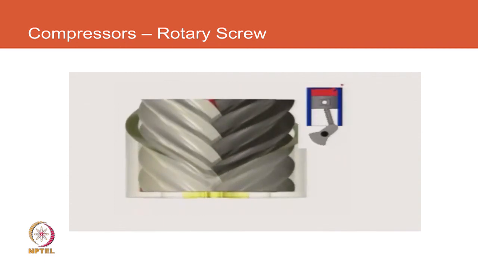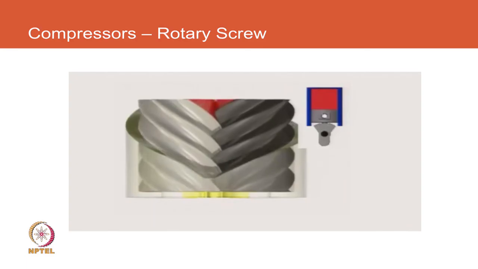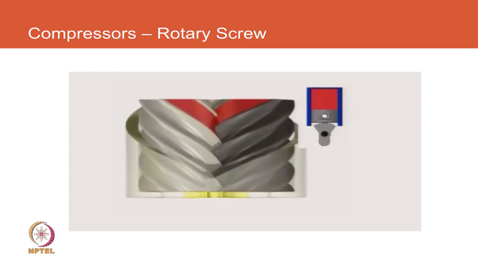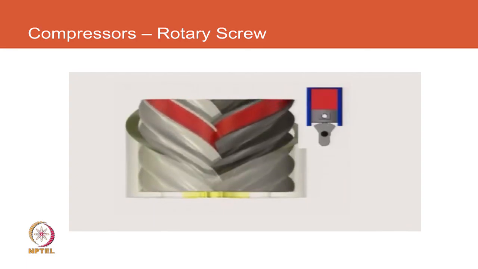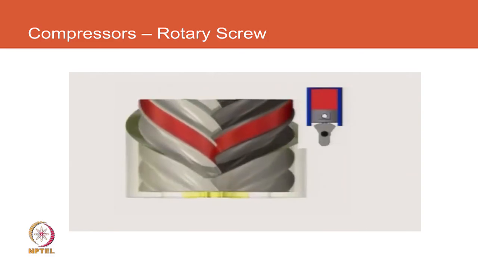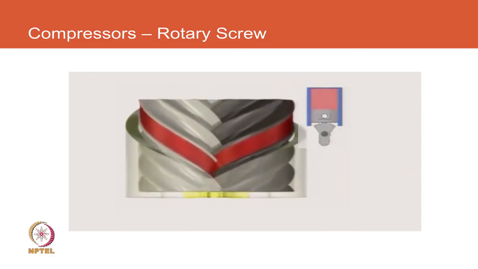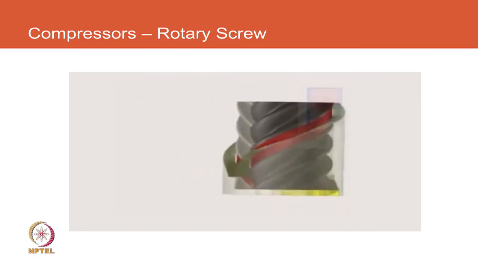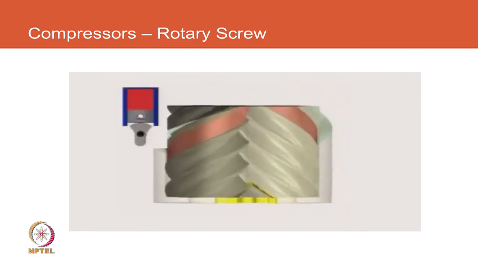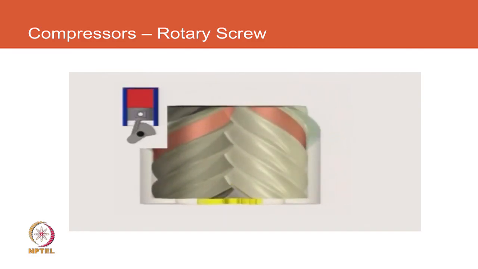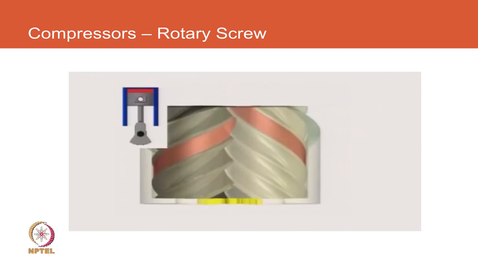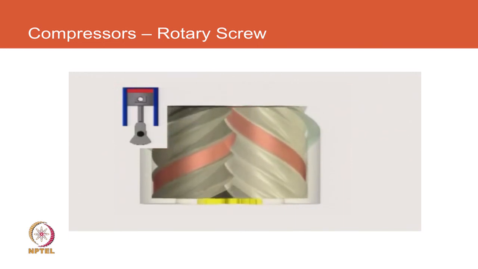So here we see a certain area of the casing which is open, and that is where the equivalent of suction happens. So we are drawing refrigerant into the compressor, as in a recip, and there is a small animation on the right hand side which is just showing that. And then once it is inside that shell, the screw compressor consists of a male screw and a female screw, and the two together displace positively the refrigerant that has got trapped between the casing.